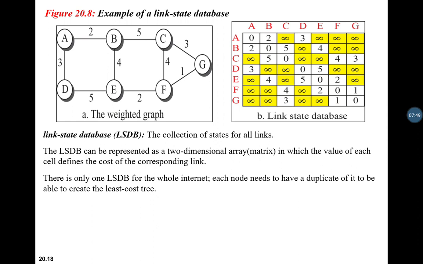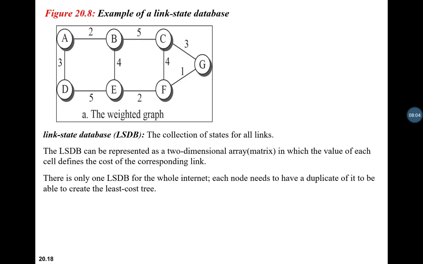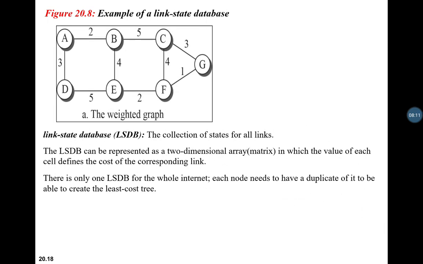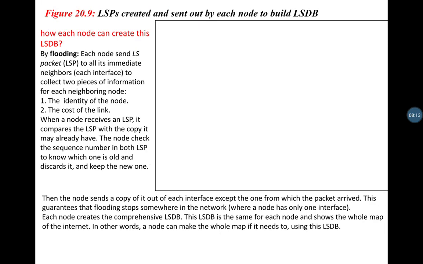If it is not directly reachable, then infinity is written. The cost associated with the edge defines the state of the link, and if the cost is infinity, the link does not exist or it has been broken.